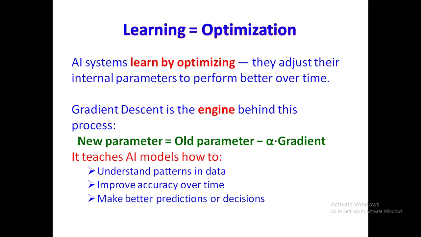By taking steps proportional to the negative of the gradient, the algorithm ensures that each iteration leads to a lower value of the loss function. This gradual descent down the slope of the surface enables the AI system to converge to an optimal or near optimal solution. Thus, gradient descent translates the abstract goal of learning into a concrete optimization process that machines can execute efficiently.